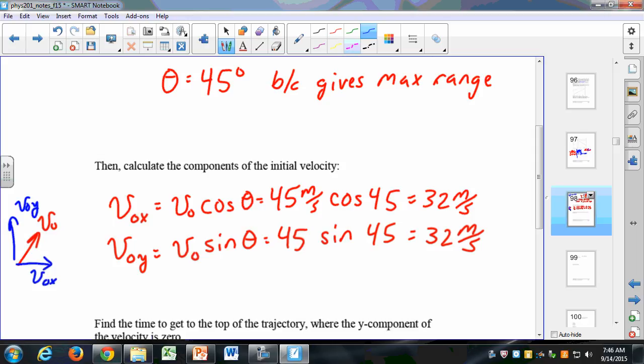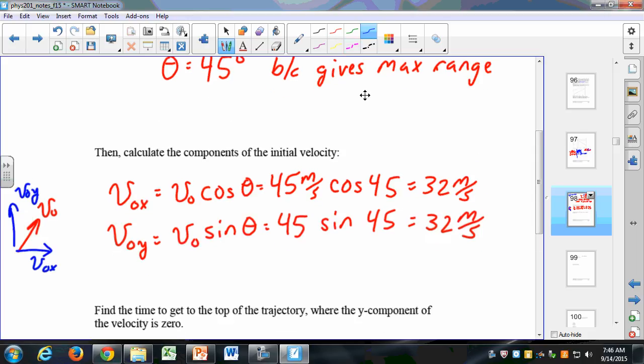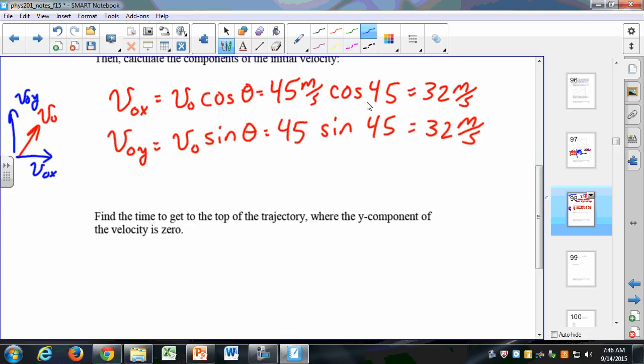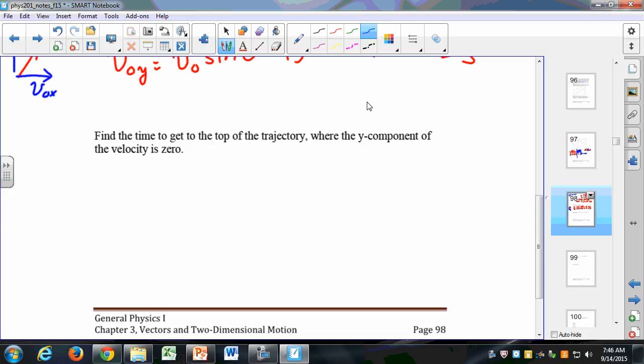All right, now we're just going to treat each problem completely separate. Our first job will be to find the time that it's in the air. And in order to do that, we're working that problem like we did in chapter 2, where a thing goes up and then comes back down. So we know that at the top of the trajectory, the velocity is equal to 0.